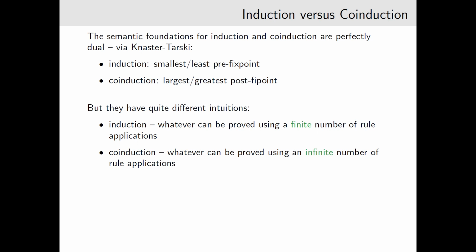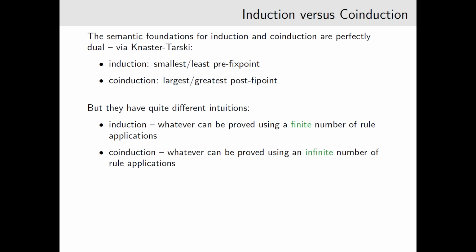This peculiarity brings this distinction between finite proof trees and infinite proof trees, and finite number of applications and infinite number of applications, which kind of justifies the writing of the rules in a direct fashion for both induction and coinduction. Because you just say, coinductive means I can build infinite proof trees, inductive means I can build finite proof trees.